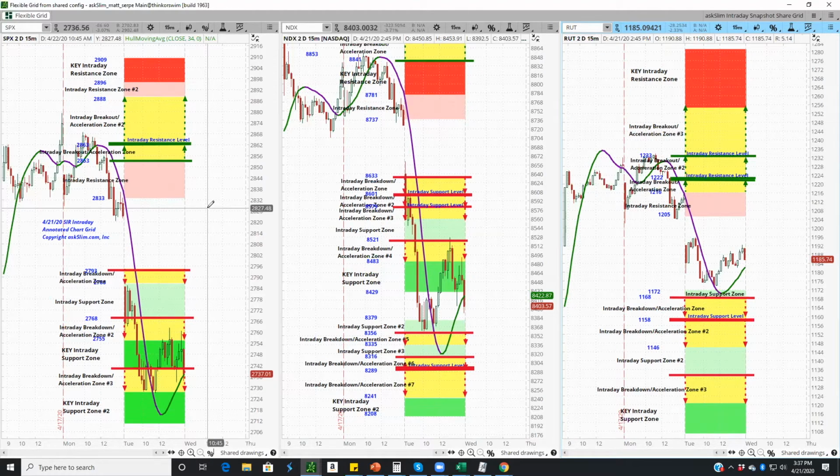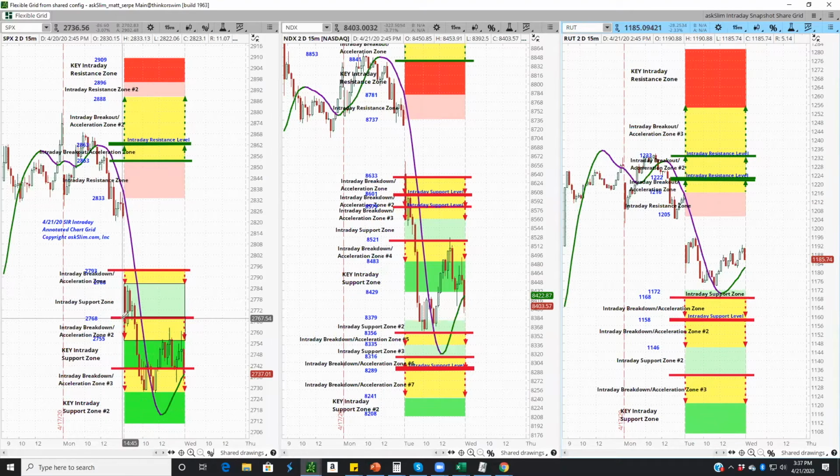Today was an amazing day in terms of a lot of action, and for the most part all of it was on the downside in terms of how the grid was set up. I'll come back and walk through the Hull moving average, our reversal scout, in a second. We opened the day with the Hull being negative, blew through the first acceleration zone and went into the second acceleration zone, got about 50%, then bounced, and then came back through.